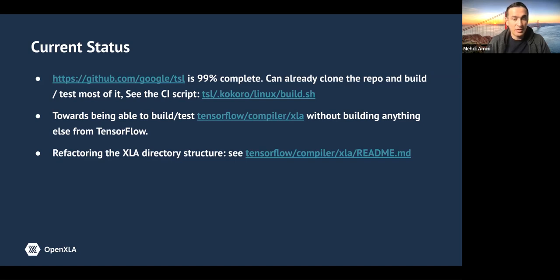And so we've just published the expected new directory structure for XLA that I think I pushed last night in the README for XLA. And I hope that my commit landed. Yeah, it's there. So we try to document the directory structure and what we aim to achieve. Next slide.